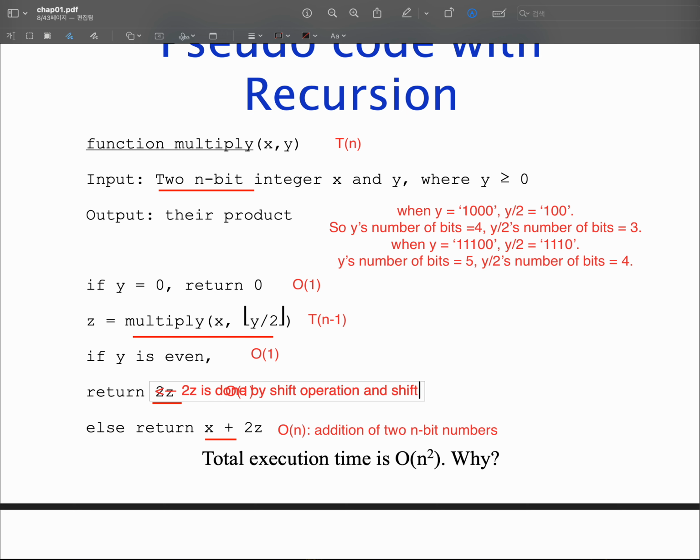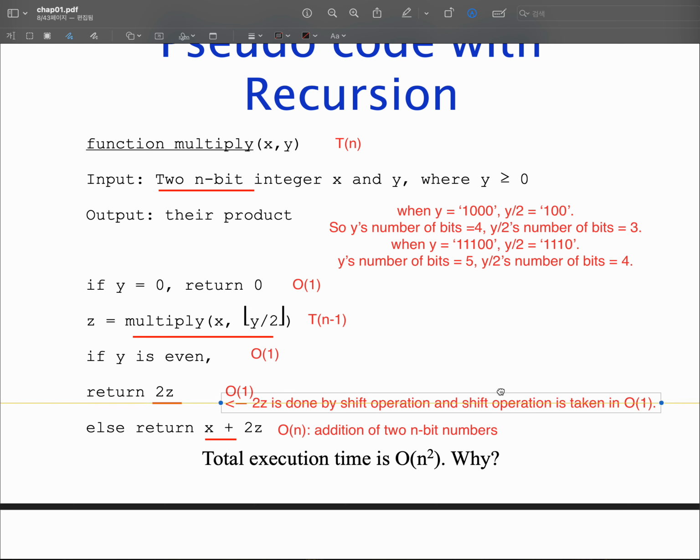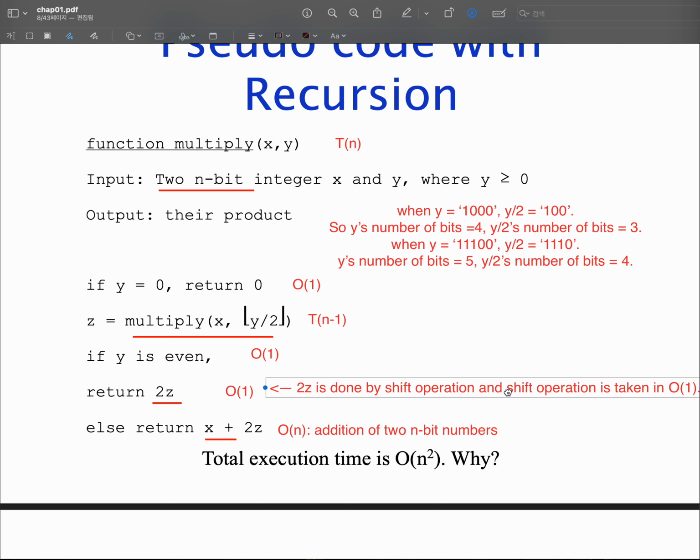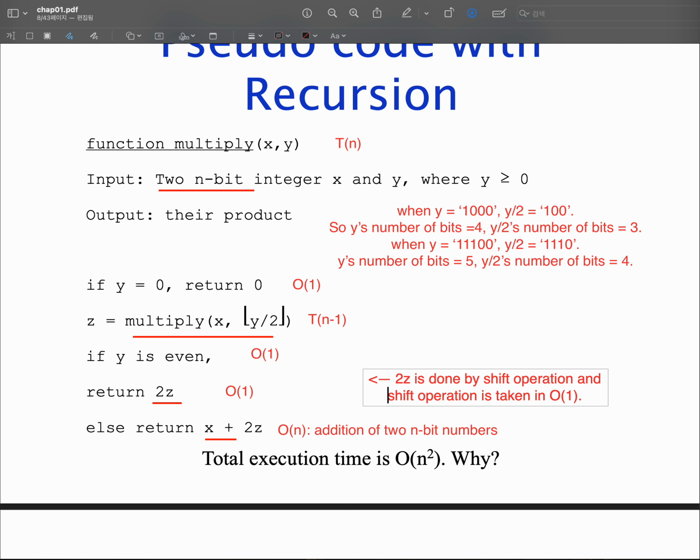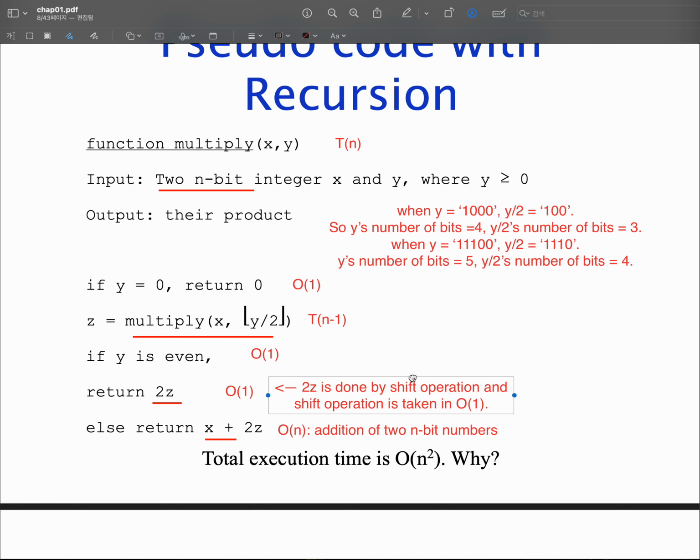And shift operation is taken in big O of 1, okay? So like this, okay? So then, what is shift operation? I have to explain something about the shift operation.